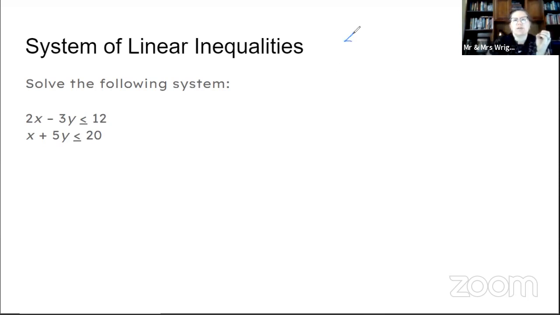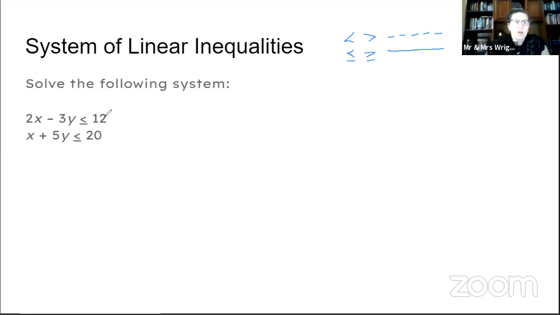Also remember, if you have greater than or less than, you're going to have a dashed line, sometimes called a broken line. If you have greater than or equal to or less than or equal to, you're going to have a solid line. You need to remember that when you're graphing inequalities as well.